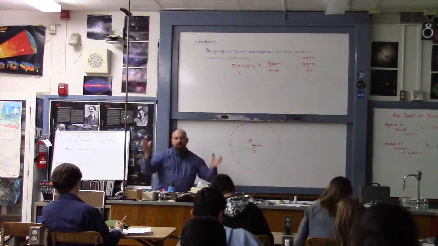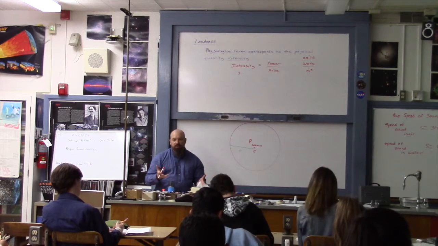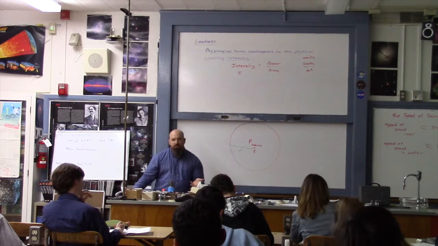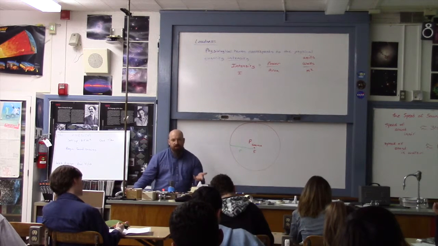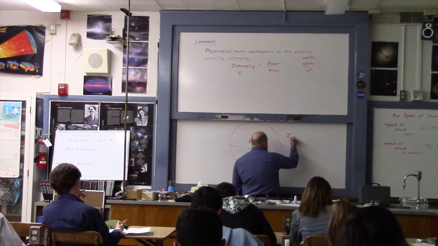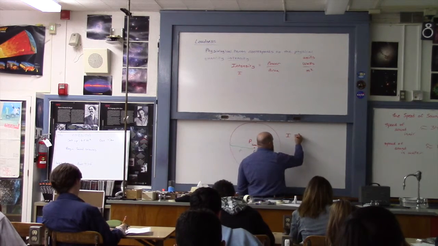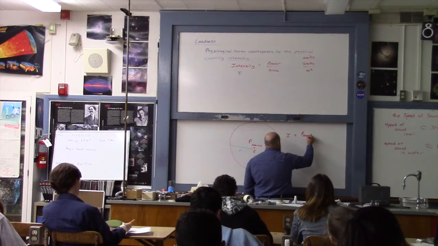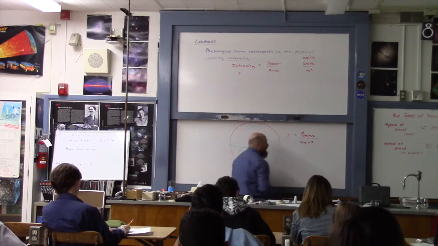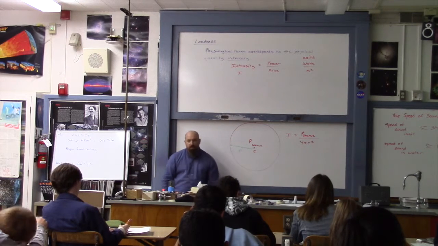Well, it just spreads out over the increasingly larger and larger surface area of the sphere. Remember that the geometrical formula for the surface area of the sphere is 4 pi r squared. So the intensity of that sound wave at this location R is equal to the power output of the source divided by the area over which that energy is spreading, 4 pi r squared.